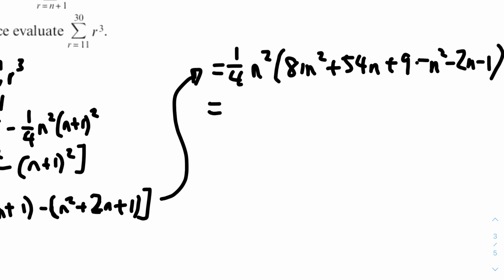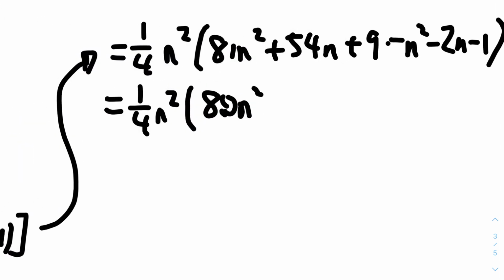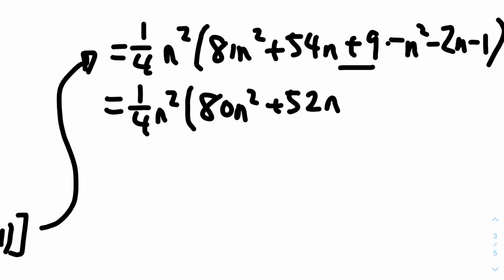Now we just simplify the whole thing, 1 over 4 n squared, and the bracket is 81n squared minus n squared, which is 80n squared, and for the n it's 54n minus 2n, which is equal to 52n, and here 9 minus 1 is equal to plus 8.